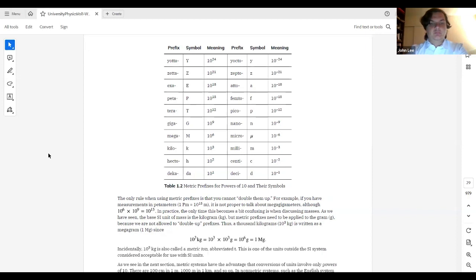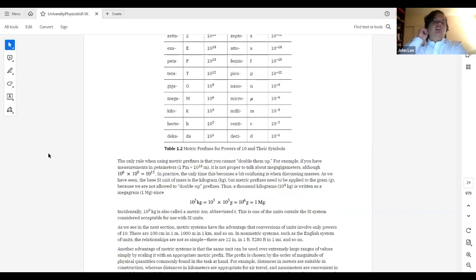So while we're on this, hopefully that was pretty self-explanatory, but generally, when you're doing calculations, instead of dealing with kilometers or gigameters or anything like that, what you're going to want to do is make sure that all of your units are the same unit.